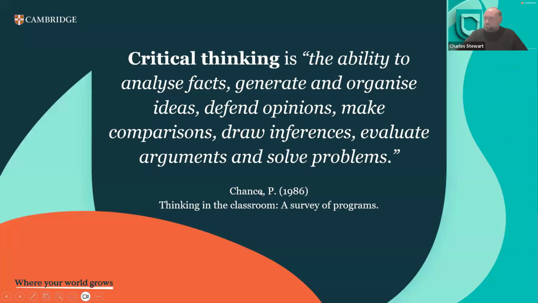So therefore, when I was preparing this webinar, this quote I think is very, very applicable. This quote was written in the book Thinking in the Classroom, and it says, critical thinking is the ability to analyze facts, generate and organize ideas, defend positions or defend opinions, make comparisons, draw inferences, evaluate arguments, and solve problems.